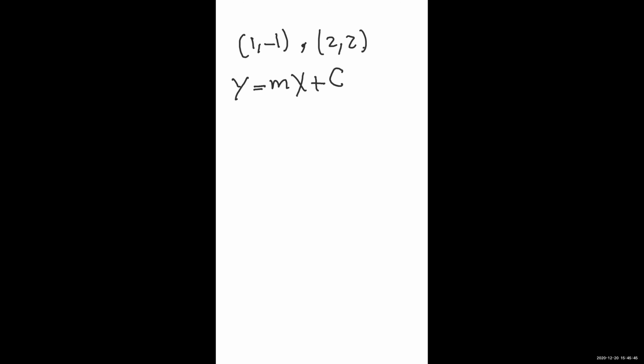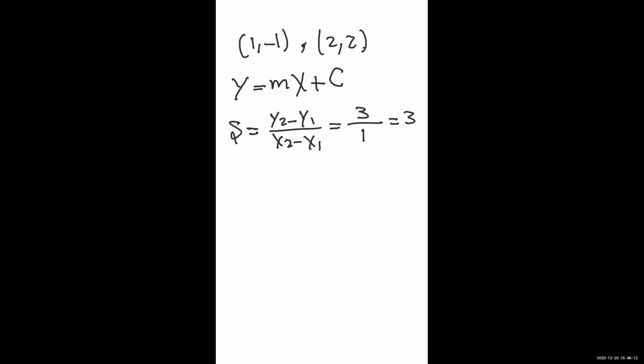Now get the slope. Slope will equal y2 minus y1 over x2 minus x1, I will remind you. So this means 2 minus -1, which is 3, over 2 minus 1, which is 1. So the slope here will equal 3.